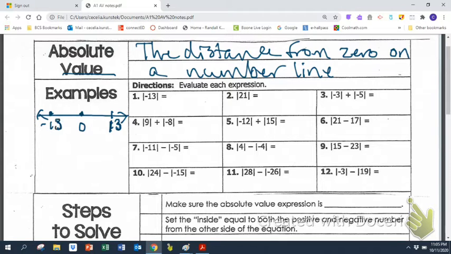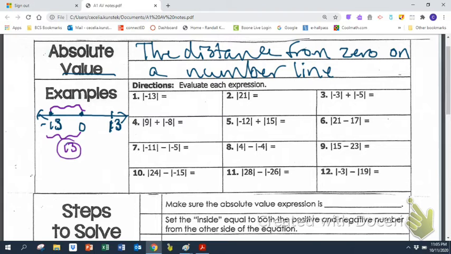And if we wanted to know what is the absolute value of negative 13, what we're asking is, what is the distance for negative 13 to 0? So if we were to determine this, the distance from negative 13 to 0 is 13.